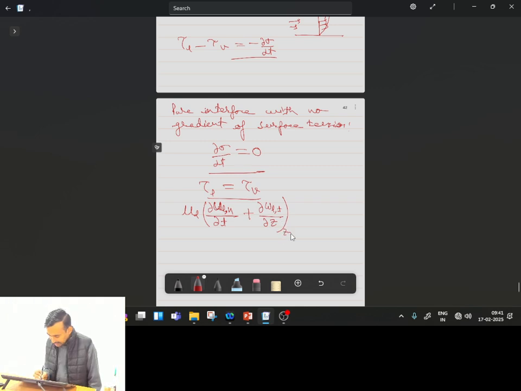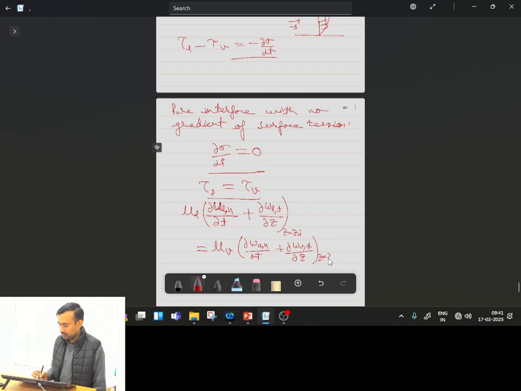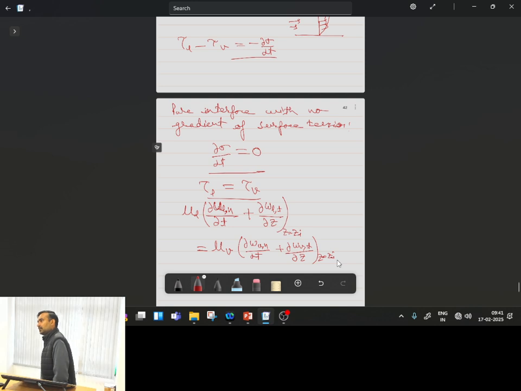And this will be at Z equal to Zi, and this is equal to mu vapor into del WVN by del T plus del WVT by del Z at Z equal to Zi. So the shear stress on the liquid side is equal to the shear stress on the vapor side. Is this one clear? Now you have to remember one thing. How many tangential directions will a real interface have?